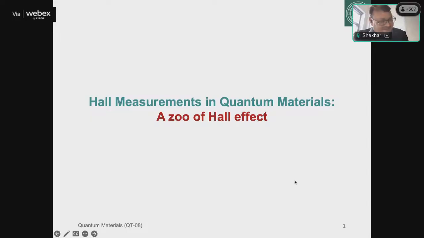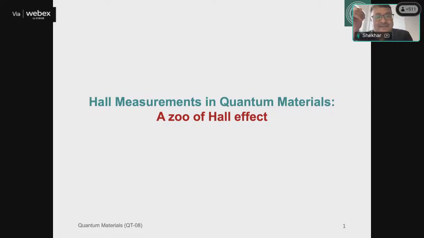So in the second talk I want to focus on Hall measurement. This story starts from a very long time ago, maybe 150 years back. So, the story of Hall. From the discovery of the Hall effect nearly 150 years back up to now, several types of Hall effect have been discovered.